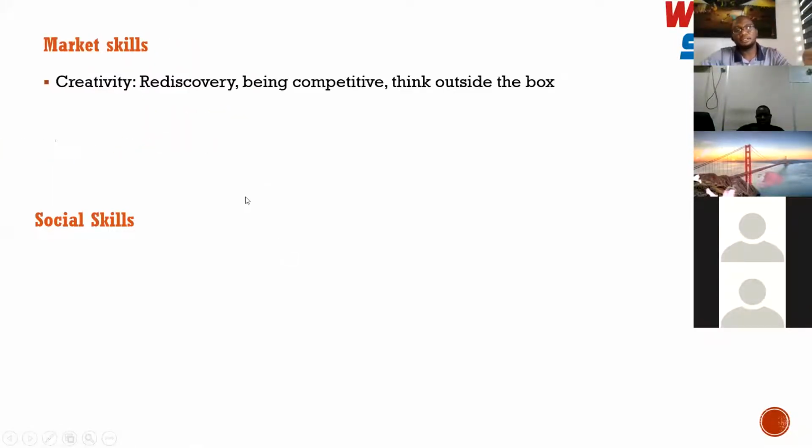Then market skill. So part of the things that as an entrepreneurial engineer we have to know, like I said, is the skills that make us entrepreneurial. So we are no longer a one-dimensional engineer. We're not looking at the problem only from the perspective of engineering and the calculation of an engineer.